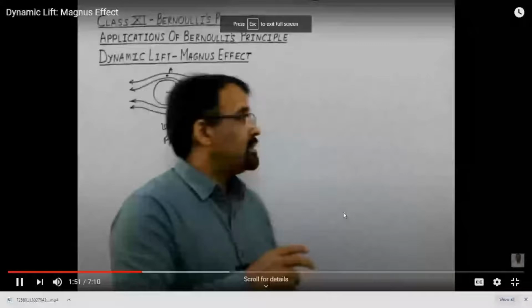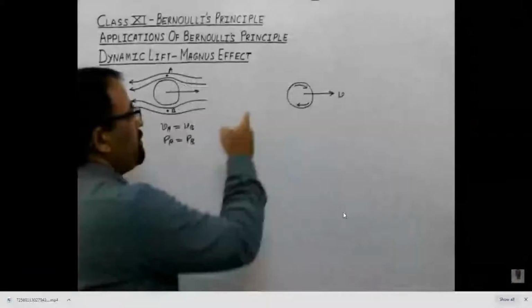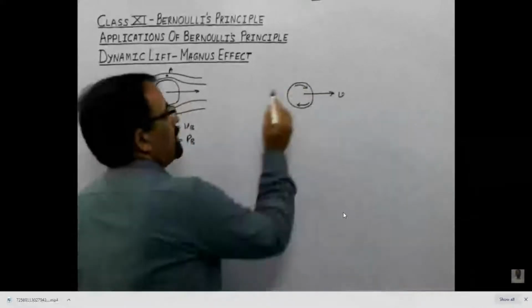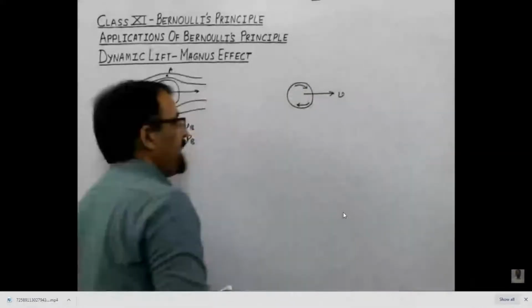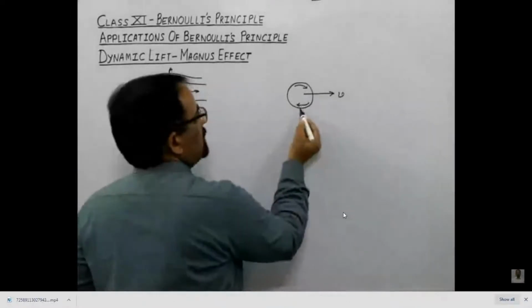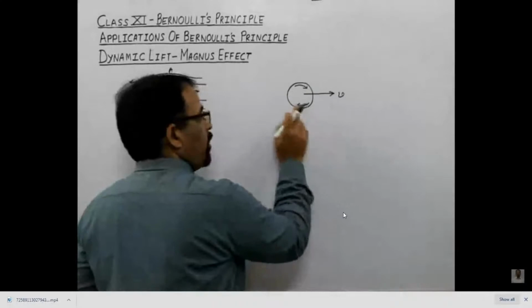So in addition to being thrown towards right, it is also spinning, suppose in clockwise direction. And because of this, when the ball is spinning, the ball will apply the drag on the streamlines in the same direction, and therefore the velocity below the ball will increase.